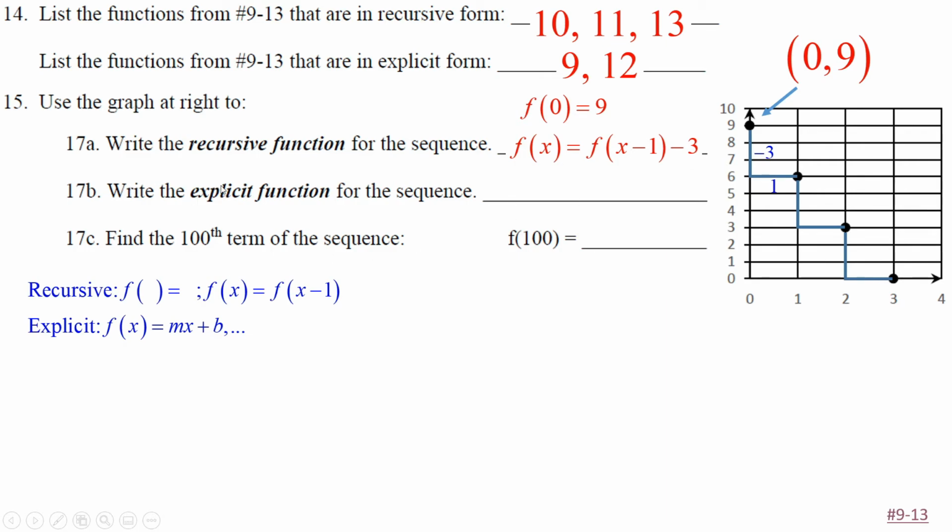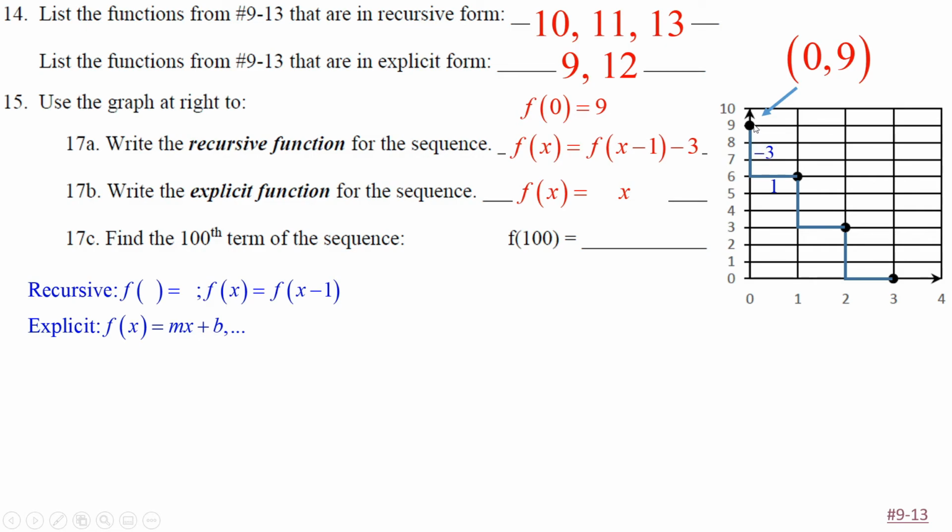Now, write the explicit function for the sequence. Okay, now explicit. Well, I have a y-intercept and I have a slope. So why don't we just go slope-intercept form of a line? So f of x equals, and we know this is going to be an m times x plus b, where m is my slope.